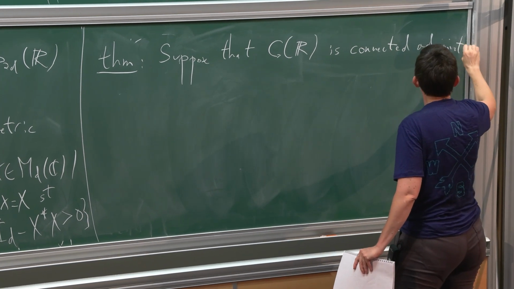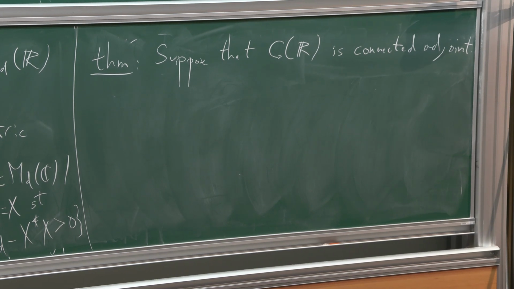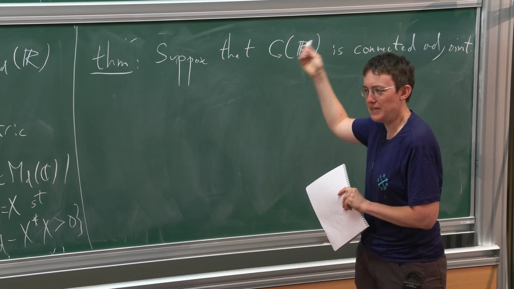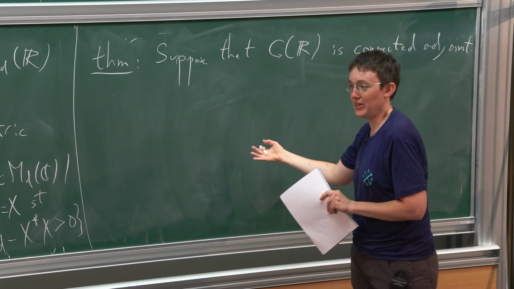Just to simplify my life, I'm going to suppose that G of R is adjoint and connected. You can always reduce to that case, because in that case G of R is just the group of automorphisms of X.